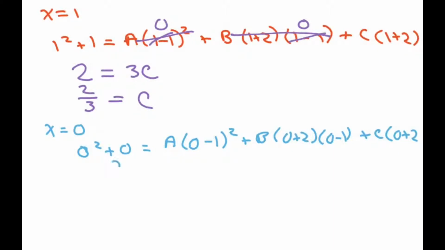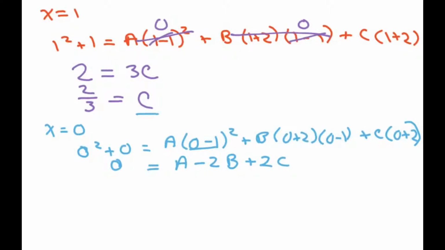So this leaves us 0 equals negative 1 squared is 1, so that's just going to be A, negative 2, so that's negative 2B, and this is going to be plus 2C.